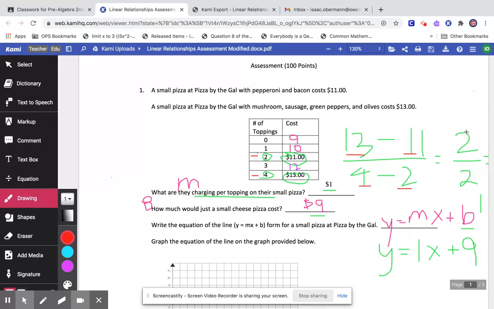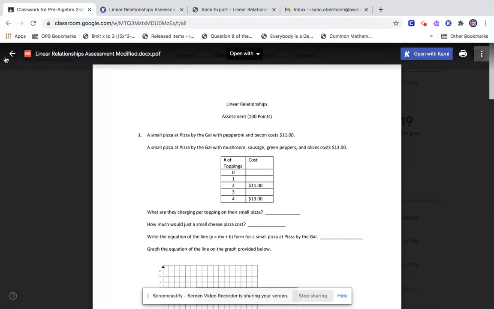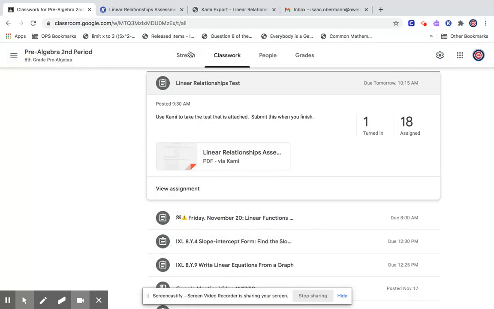So I have a y difference of 2 and a toppings difference of 2, and 2 divided by 2 gives me 1. So 1 is my slope, $1. That's how it's changing every time I get a topping, by $1. It's changing that every single time.